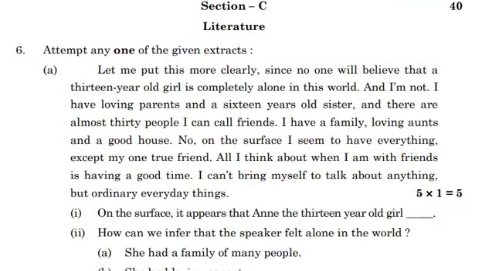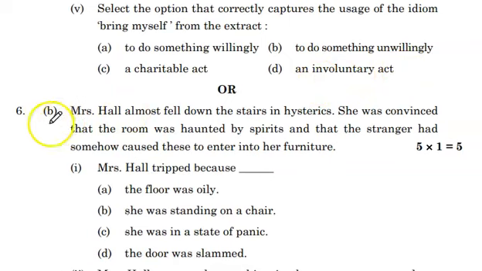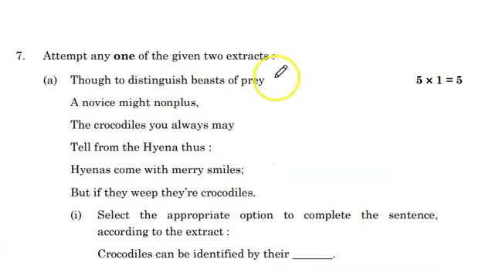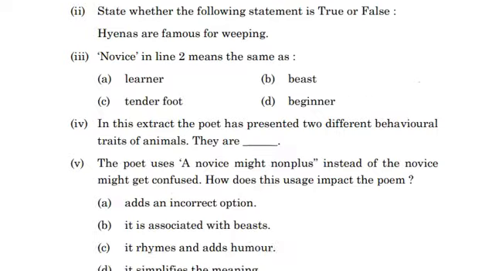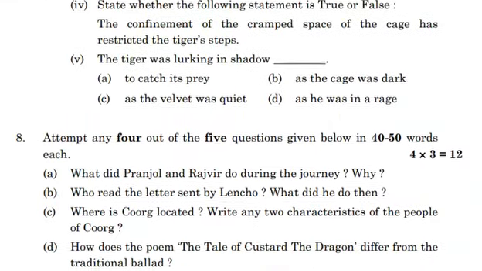Then in Section C, this extract is taken from the Diary of Anne Frank. Then you have 5 questions over here. This extract is taken from Footprints Without Feet, so you can choose either of the two. This extract is taken from How to Tell Wild Animals, and its other option is taken from The Tiger in the Zoo.